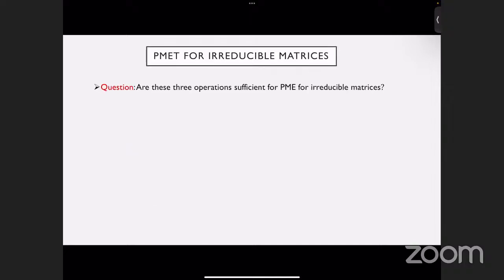Now we ask whether these three operations are sufficient to represent any matrix which has the same principal minors. In this work we show that yes, these three operations are sufficient.